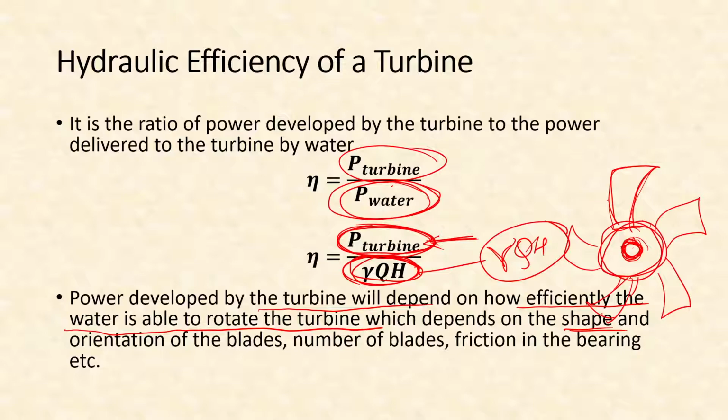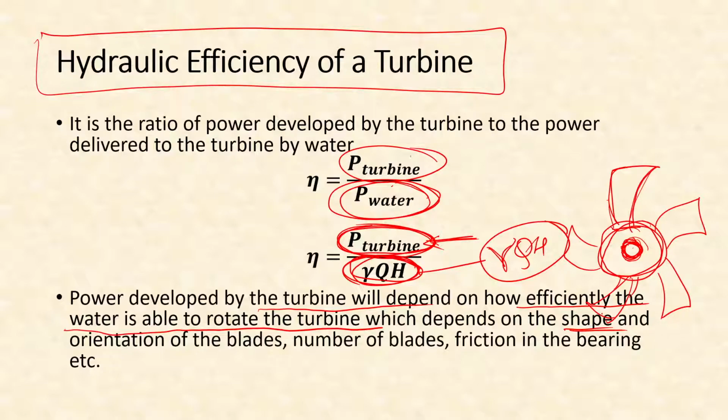After that, it will be connected to a generator with coils and magnets, and there also some efficiency term will come up because some loss will be there in terms of heat. So there will be efficiency at different stages. But in our case, this is the basic hydraulic efficiency, which is power generated by a turbine divided by power delivered to it by the water.